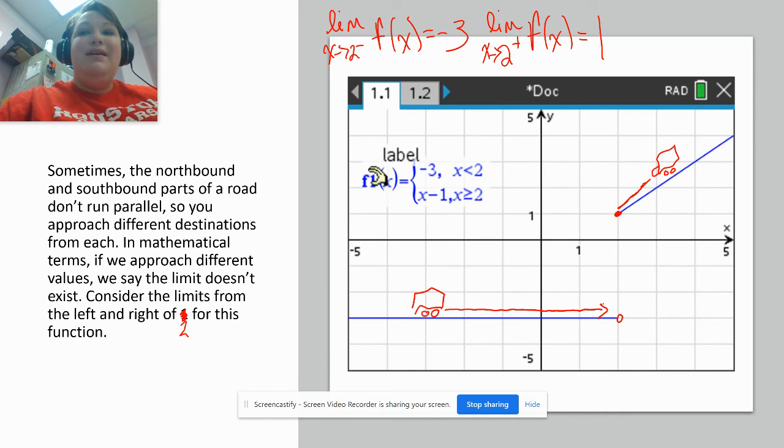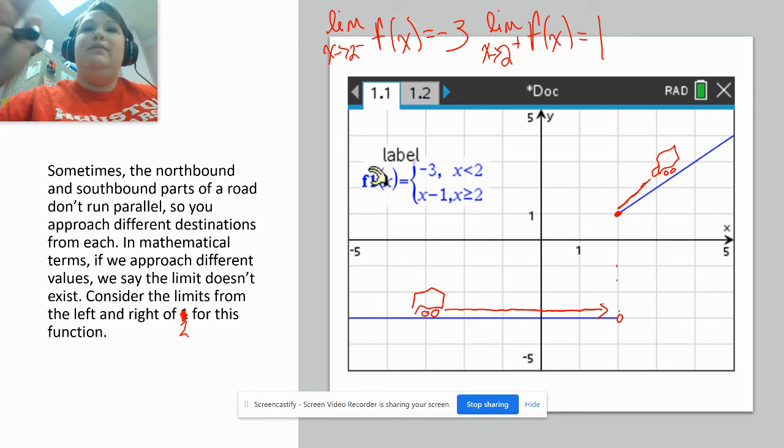My sister-in-law never gets to the x value of 2. That is an open circle. We're not talking about what it equals. We're talking about what it's approaching. And as she gets close to 2, she's at -3. And then he's at 1. -3 and 1 are not the same thing.